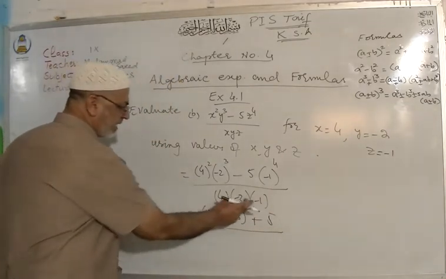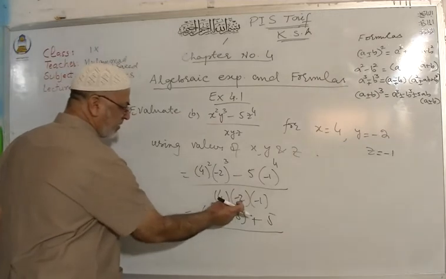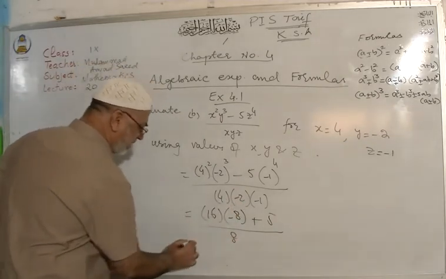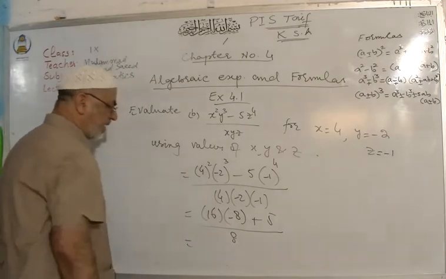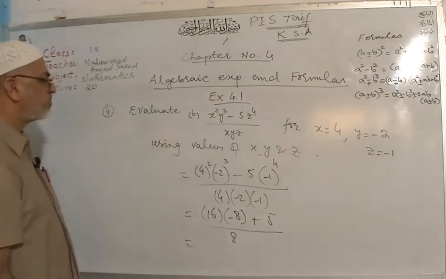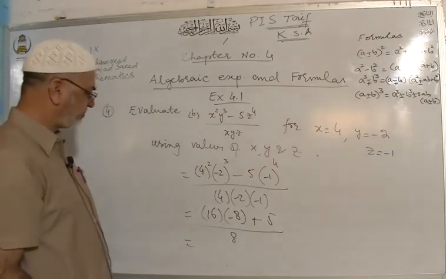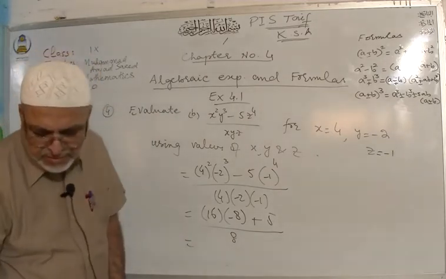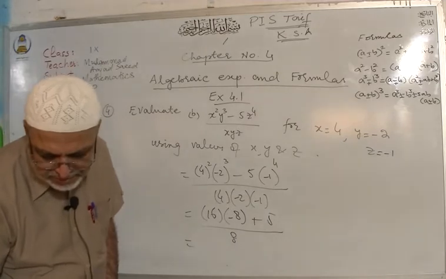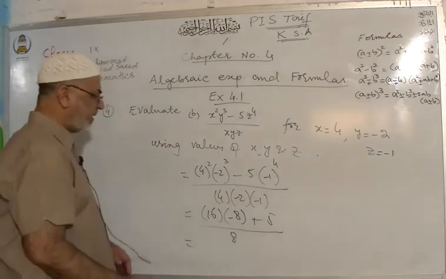And here minus minus plus 2 on the 2, 2 4s are 8. And you have minus.